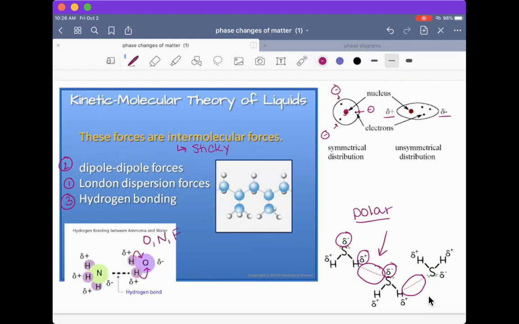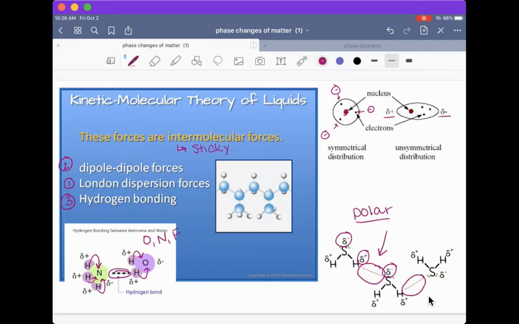So it will be attracted to another molecule that has hydrogen directly bonded to a nitrogen or a fluorine or another oxygen. And so this right here is hydrogen bonding. It's not a real bond. It's just an attractive force like the polar force or the London dispersion force. But it is the strongest attraction out of all three.